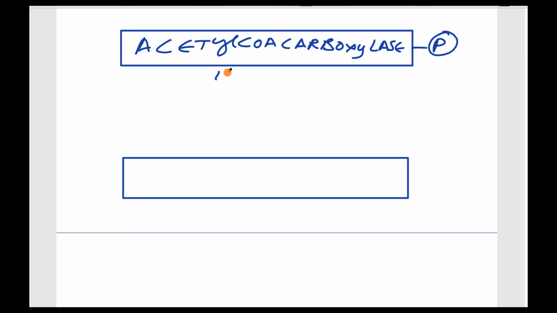This is the inactive form, the phosphorylated acetyl coenzyme A carboxylase. It can be converted to the active form by removing the phosphate group.